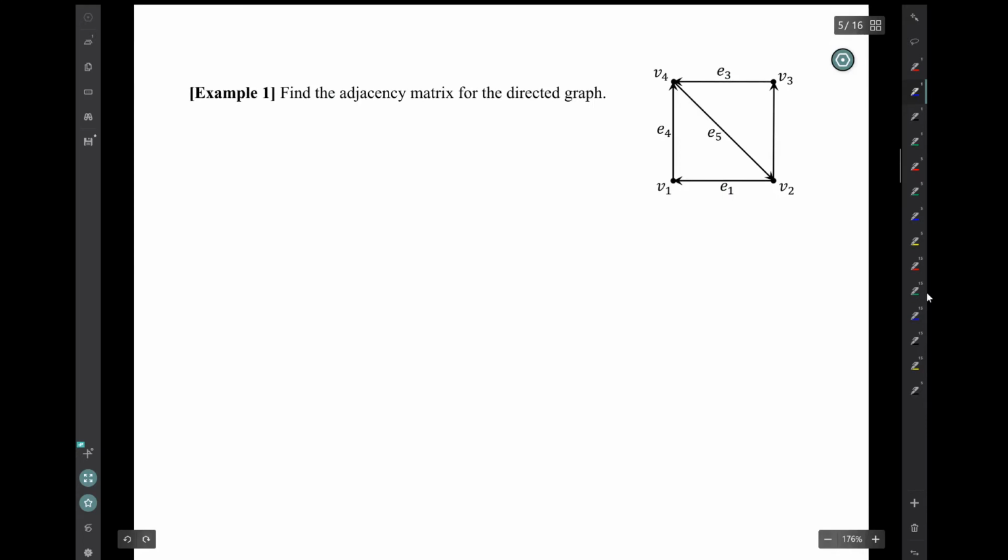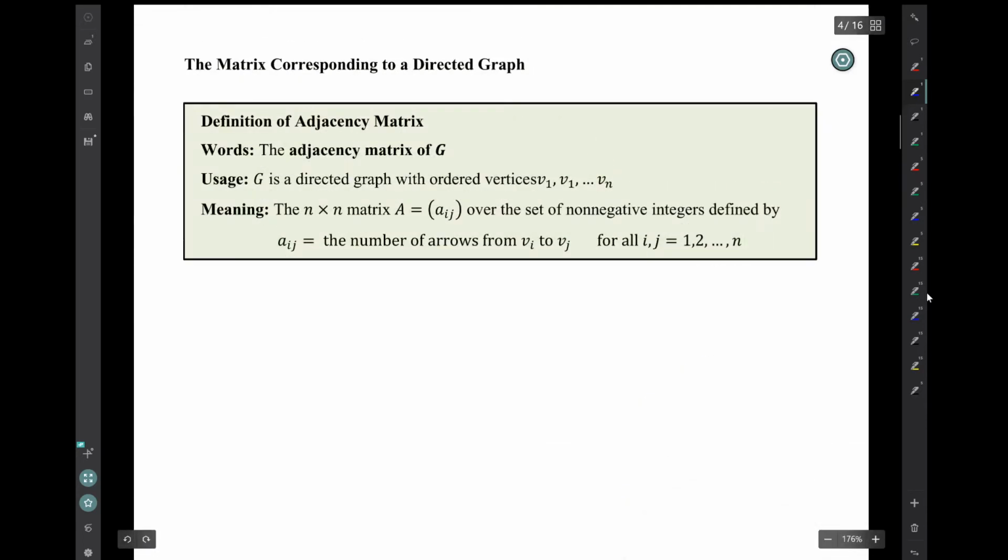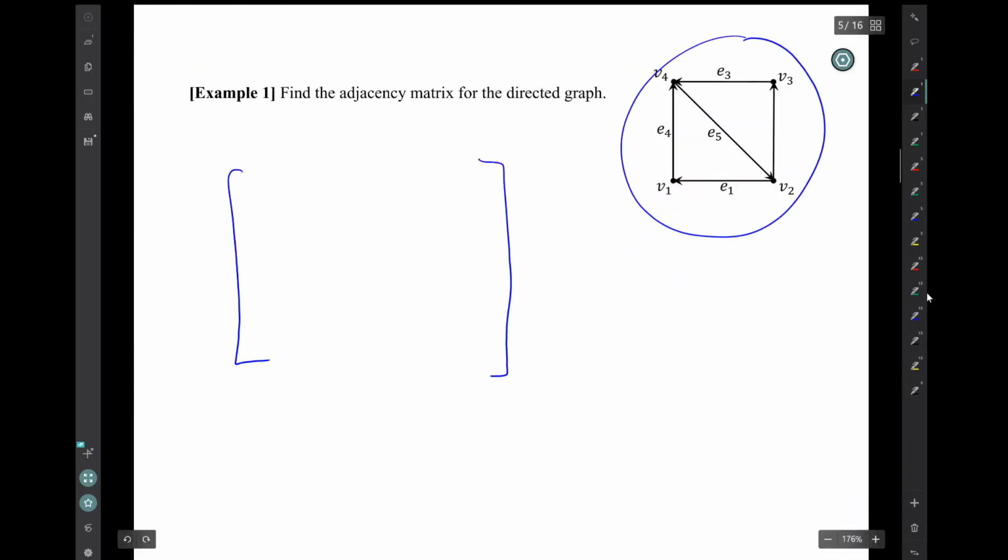So for example, find the adjacency matrix for this directed graph. Well, we have to start by knowing how big a matrix to make. We have 4 vertices, so that means we're going to have a 4 by 4 matrix. So there's a 4 by 4 matrix. We have to figure out what goes in this spot.